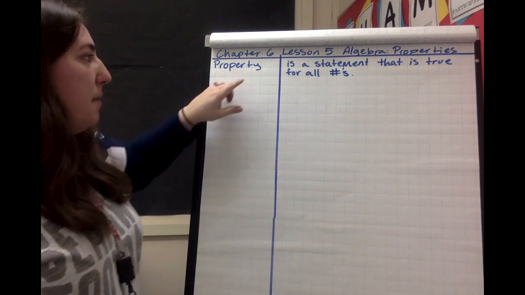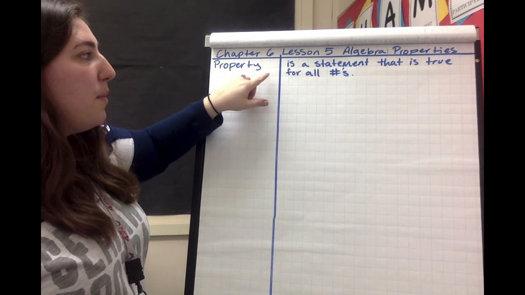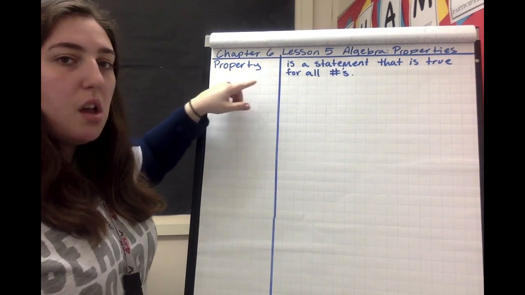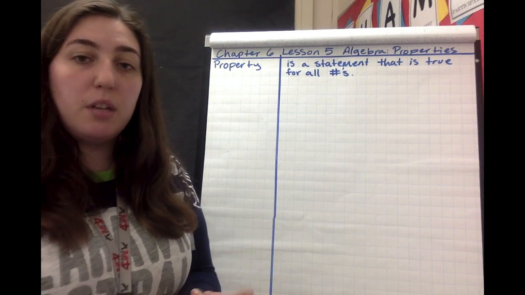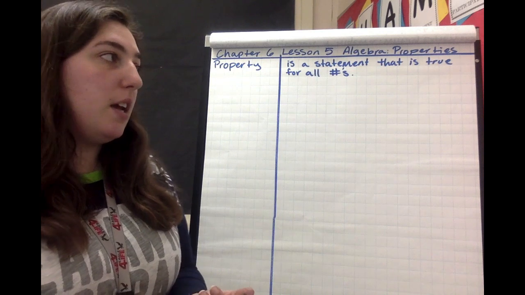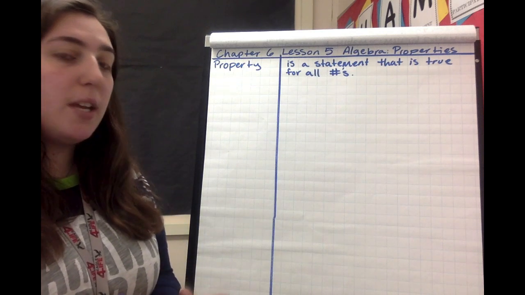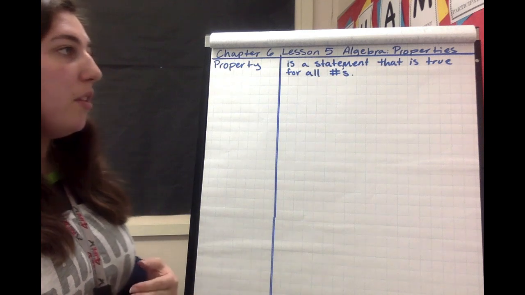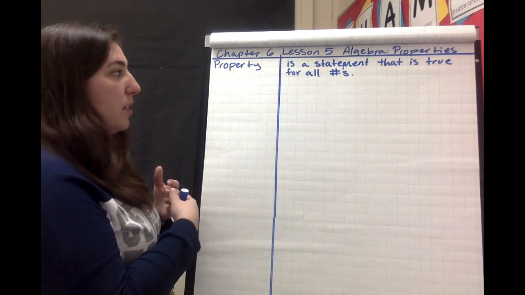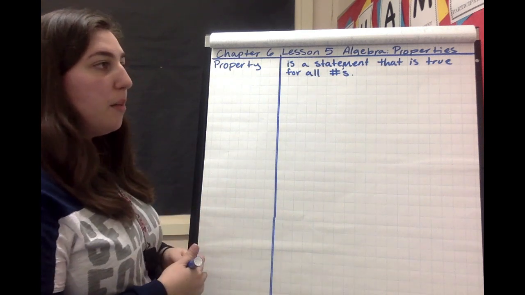Okay, so a property is a statement that is true for all numbers. All the properties that we're going to be talking about today, which are the commutative property, the associative property, and the identity property, are statements that are true for all numbers.